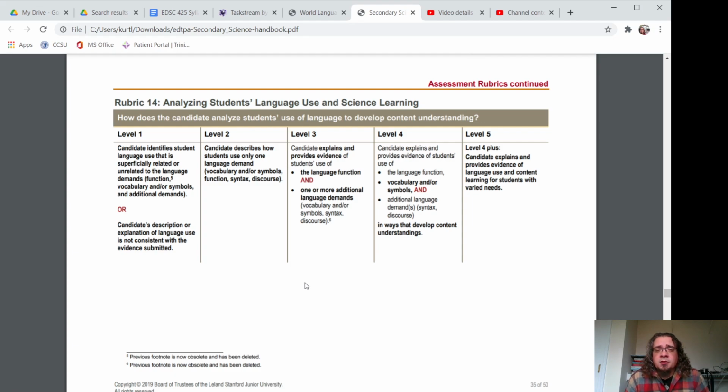So keeping track of what's vocabulary versus what's syntax versus what's discourse, these are worthwhile questions. Definitely ask your professors and your university supervisors. Your host teachers may or may not have a good grasp on this. Most of them don't use this language on a regular basis.